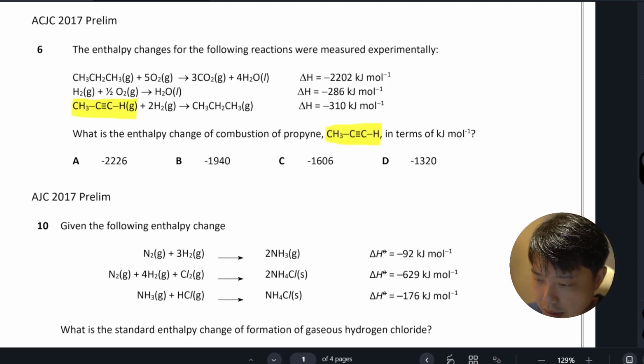Maybe we'll just let this equation be equation 1. Then we have equation 2, equation 3.